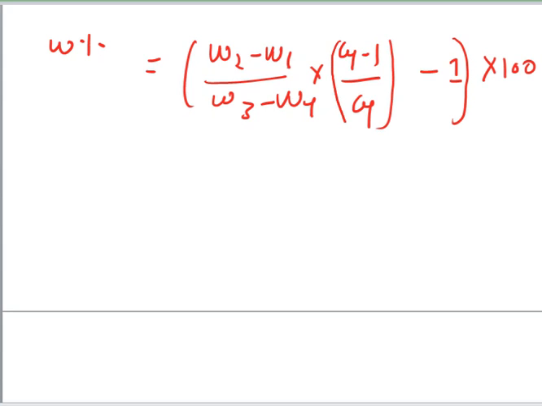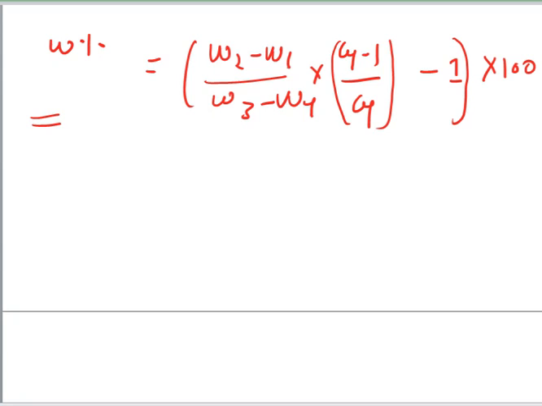This is one term, this is one term. Okay, this is the value which we have got. This is the water content by Pycnometer method.